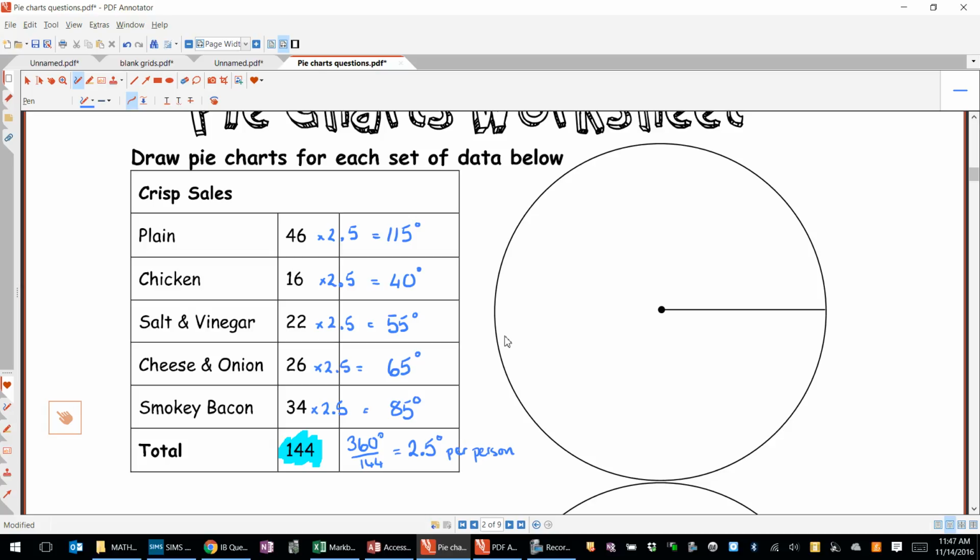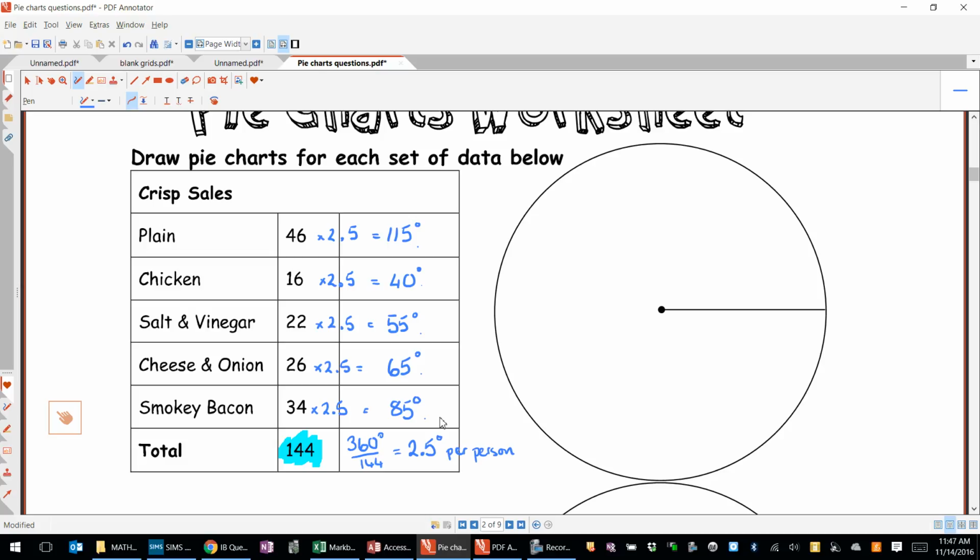I mean, it should be, because all of these should add up to what? 360. So does 115 plus 40 plus 55 plus 65 plus 85 add up to 360 degrees? Can you check? Because in maths, it's great that we can check.